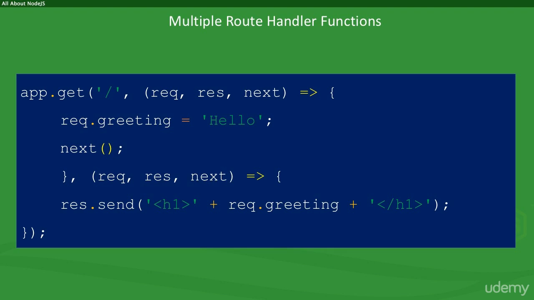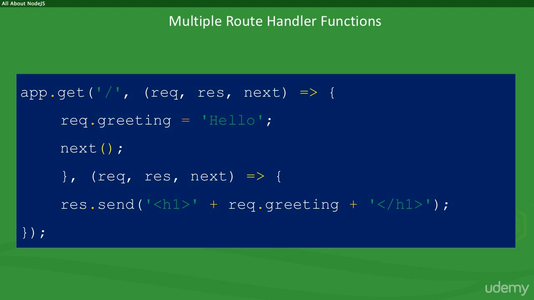Without calling the next keyword, you won't be able to pass control to the next handler function. In the next handler function, we are simply sending back an HTML string to the user using the res.send method, and we can access the value of the req.greeting variable here. You'll see more of res.send method in just a moment.